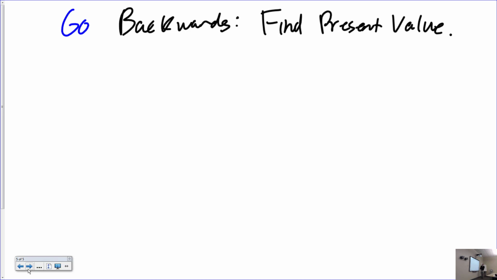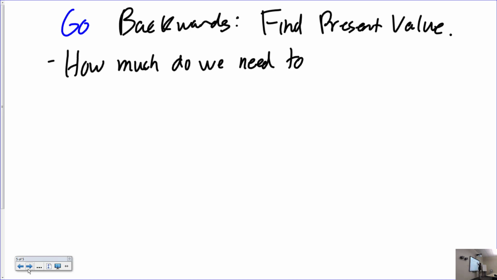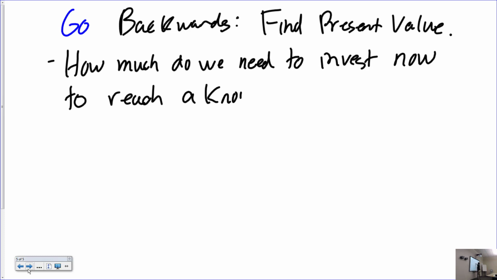That's the idea. Monetarily, what we're answering is how much do we need to invest now to reach a known value in the future.